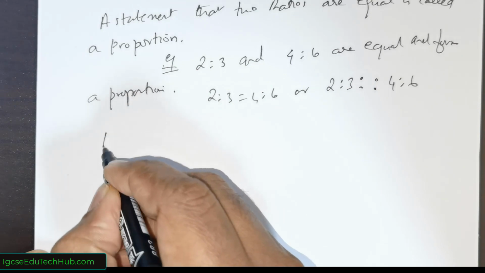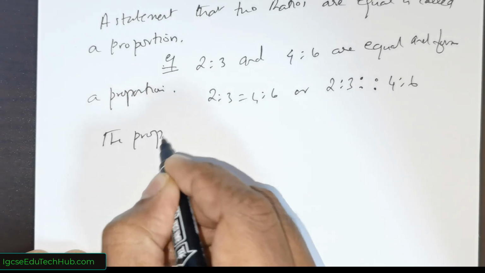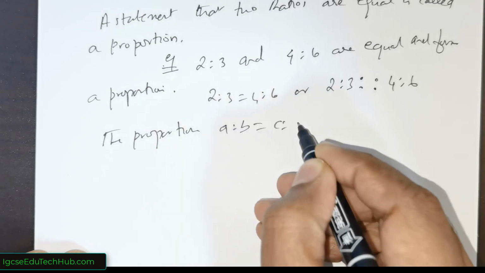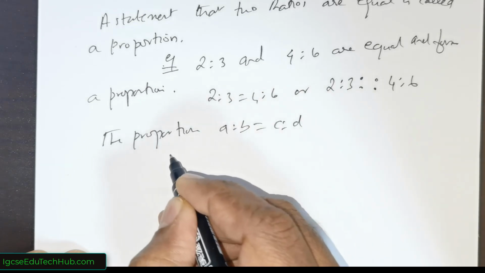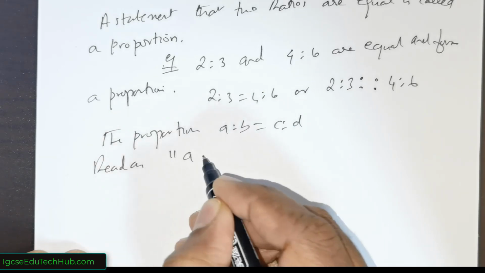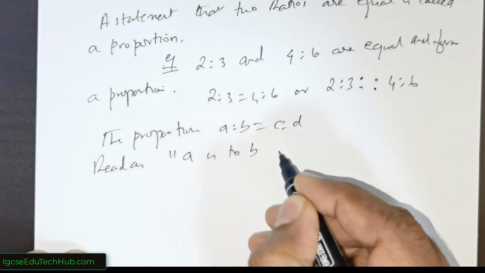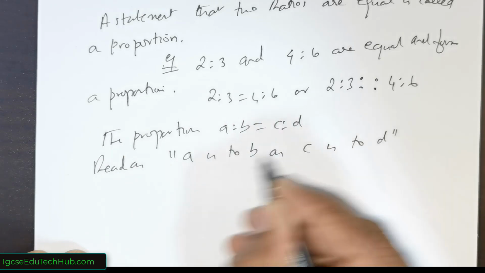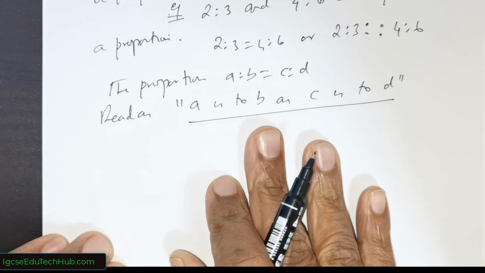Now the proportion, say A is to B equal to C is to D, is read as A is to B as C is to D. This is the way you need to read it.